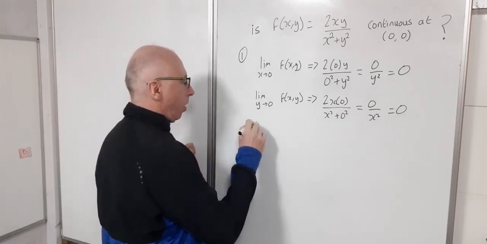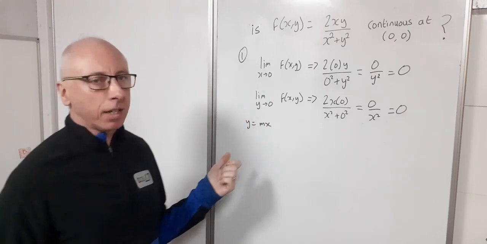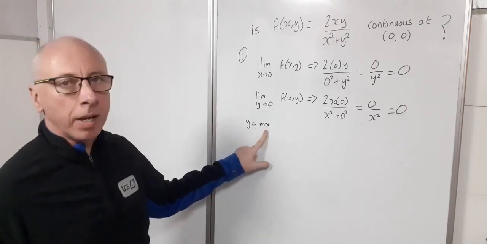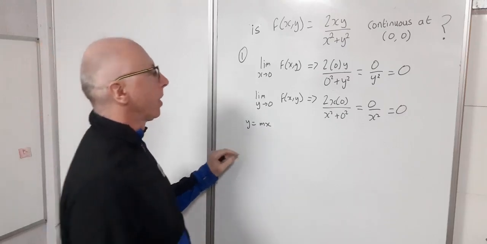Now I'm going to use the limit along the line y equals mx. So if I let y equal mx, my classic linear equation, where I see a y, I'm going to plug in mx. And let's see what happens there.